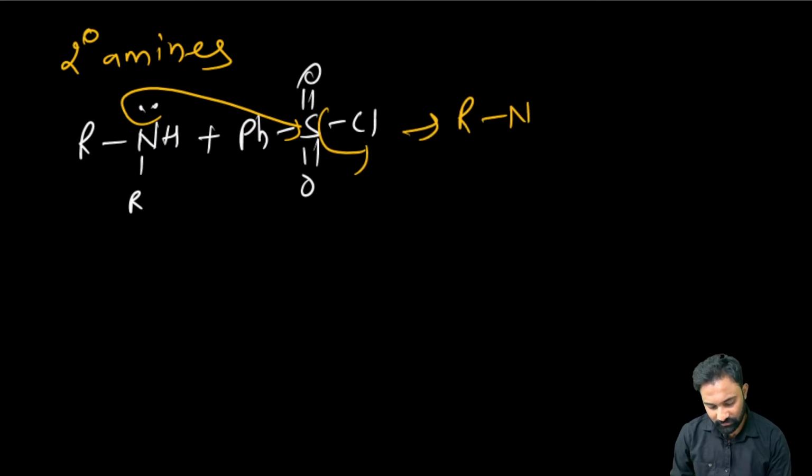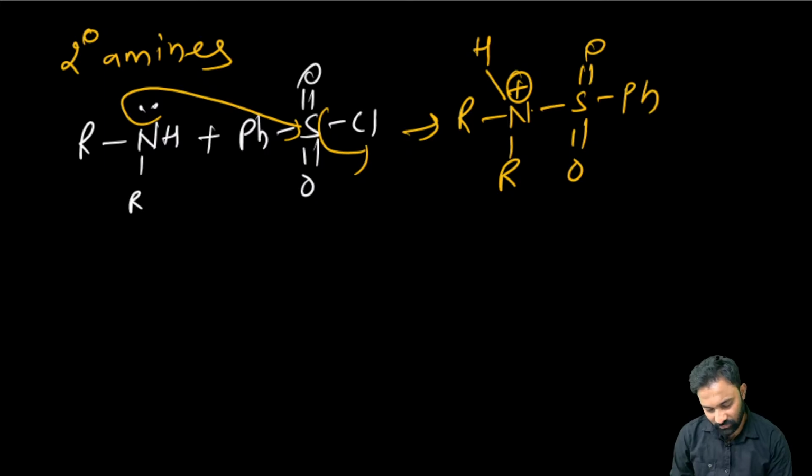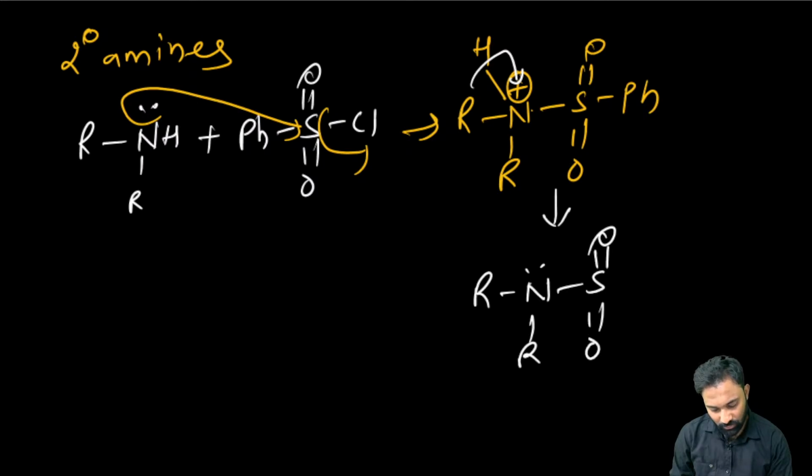Then after that H, here the R, and here it is a H. Now here it is S double bond O, and here it is a Ph. Now to stabilize this nitrogen, its sigma bond pair of electrons has been given. Now we'll get the R double bond R, and here the S double bond O.